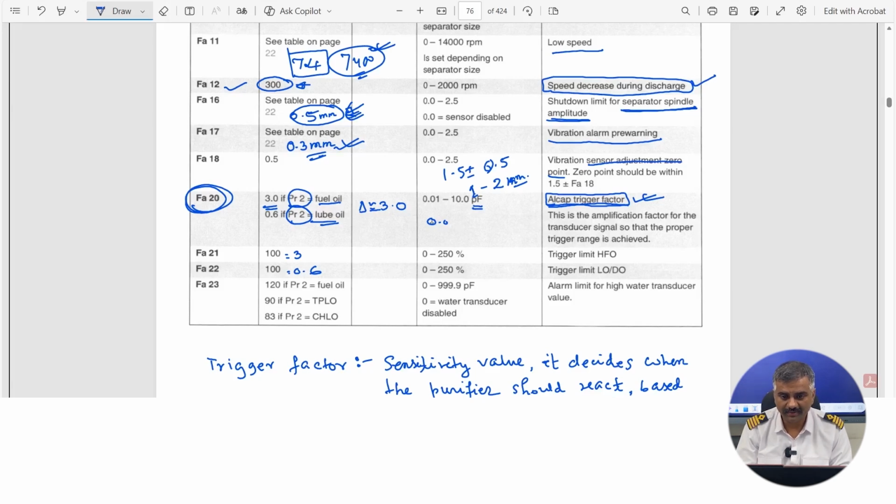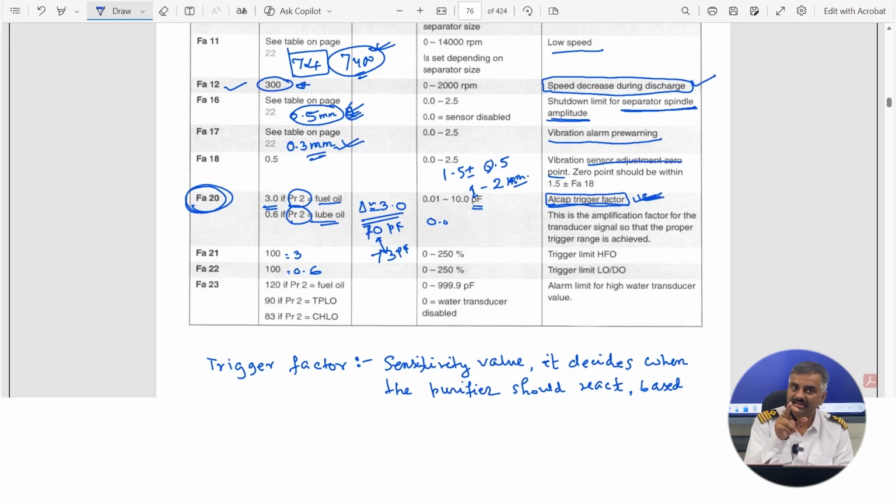So maybe the initial value was 70 picofarads and water has come, so the value becomes 73 picofarads. When this difference, this delta value, becomes 3, that will be the LCAP trigger factor. Why is this LCAP trigger factor important?